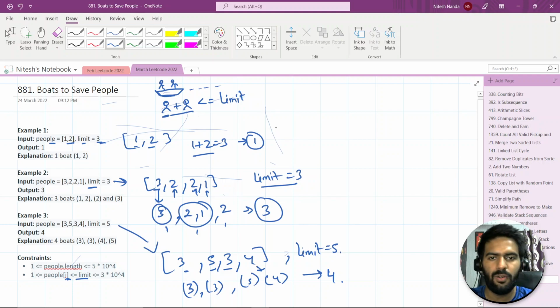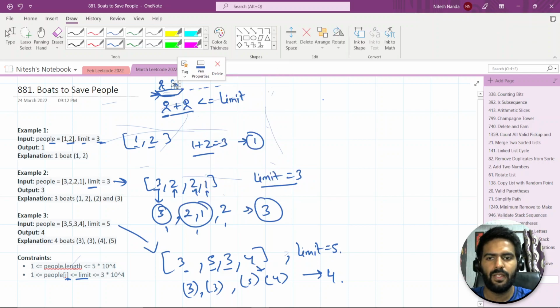Let's see how we can approach the question. We can only seat two people in a boat, so what we can do is take a maximum weight person and a lower weight person together.